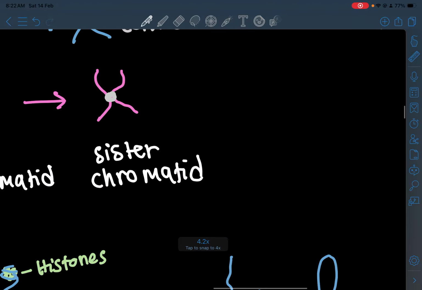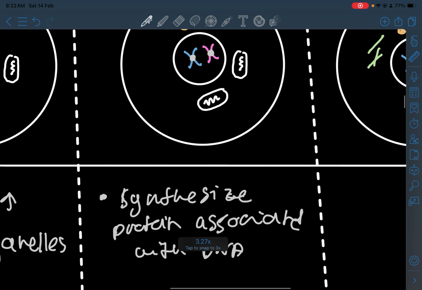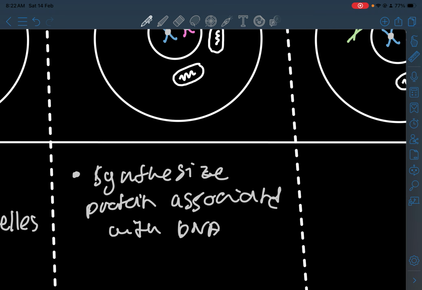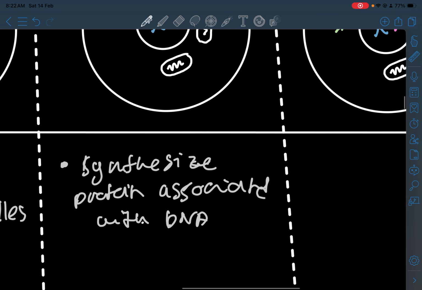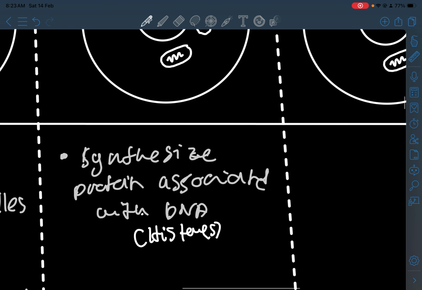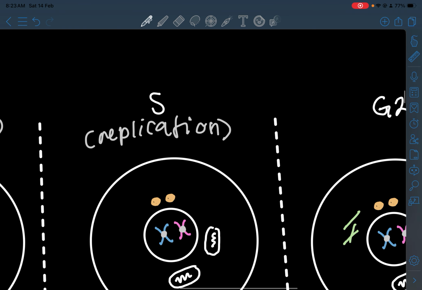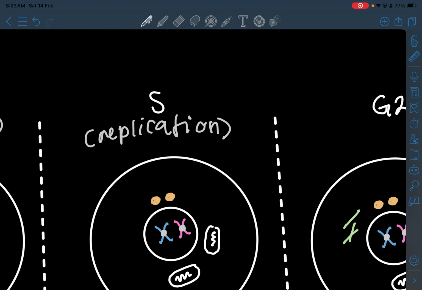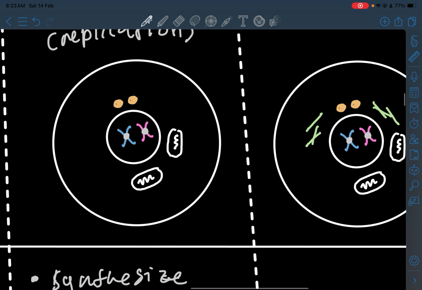Now, back to our phases. We already know that the proteins that are synthesized are associated with DNA, that is, histones. But now, another important point during S phase is the replication of DNA. Since S phase talks about replication, what does it replicate? It replicates DNA.